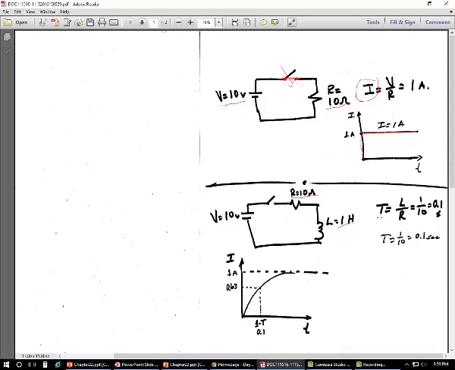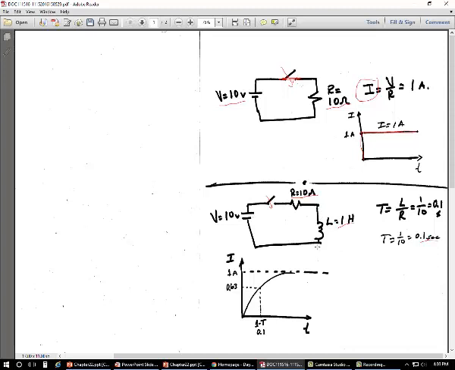The time constant T is expressed in seconds, because it's a time. As soon as we close the switch, the current is going to go from 0 to 1. During that change, the inductor is going to charge until it becomes a short circuit.